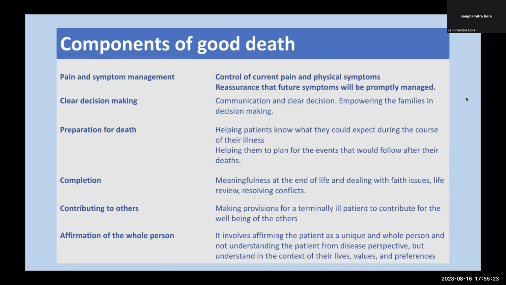Again, pain and symptom management, clear decision making, preparing for death, the concept of completion. And when we say completion, it is meaningfulness at the end of life and dealing with faith issues.